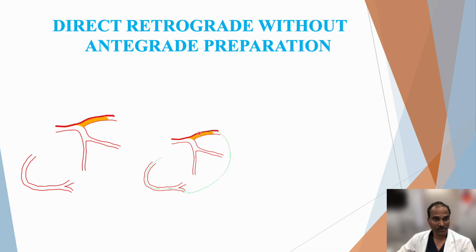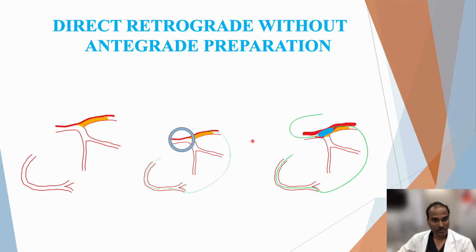If your retrograde wire comes subintimally and enters the LMCA, and you end up dilating that track, this flap can close the LCX and the patient can collapse on the table. This is what can happen in ostial LAD ambiguous cap CTO.